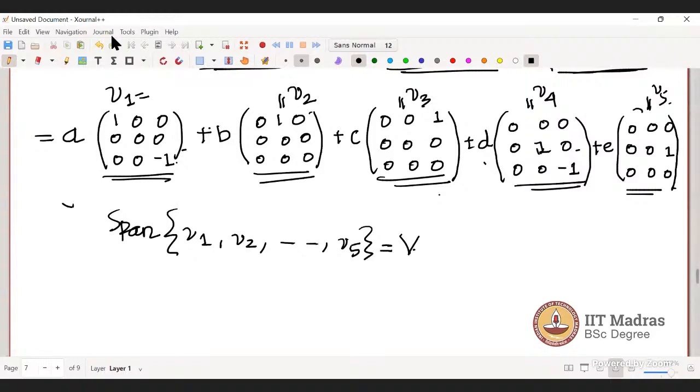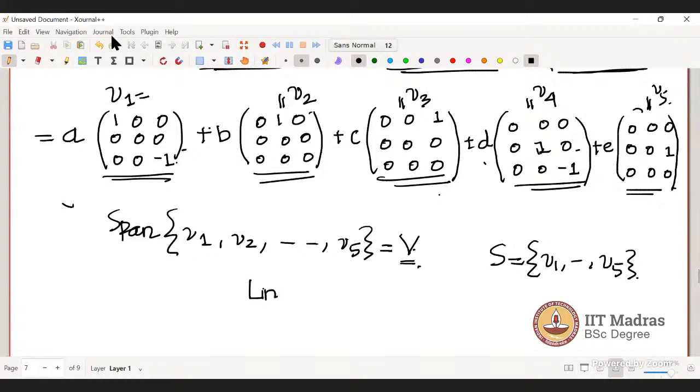So to show that this set is a basis of this vector space, what do I have to show? I already showed that the span of this set is the vector space. Linearly independent.